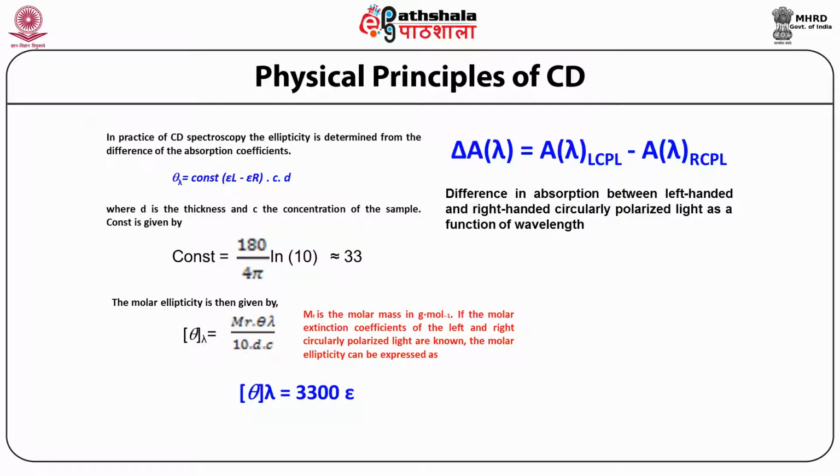M_r is the molecular mass in gram per mole, and if the molar extinction coefficients of the left and right circularly polarized light are known, the molar ellipticity can be expressed as theta lambda equals 33 times delta E. Delta A at a particular wavelength equals A of the left circularly polarized light minus A of the right circularly polarized light. So the difference in absorption between the left-handed and right-handed circularly polarized light is plotted as a function of wavelength in the form of a CD spectrum.